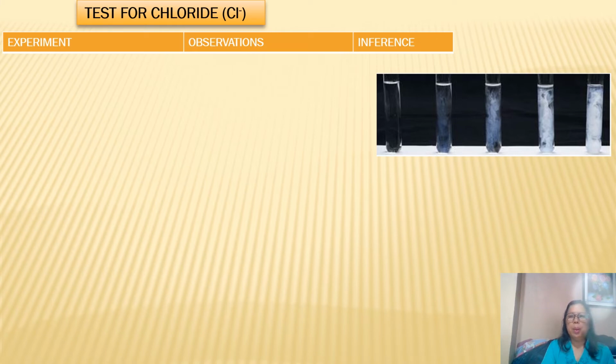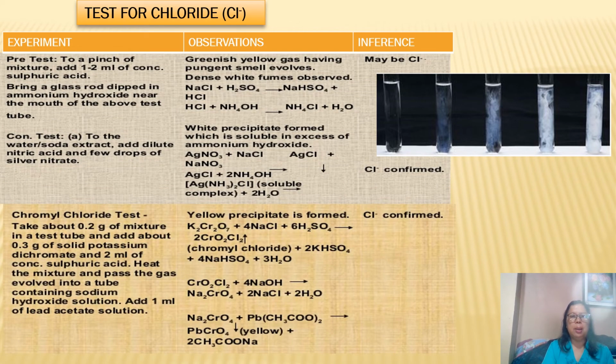For the test of chloride, which is a halide, there are different series, and this test is really very colorful. Upon the addition of concentrated sulfuric acid, a greenish yellow gas, pungent in smell, will make you think that chlorine is present.